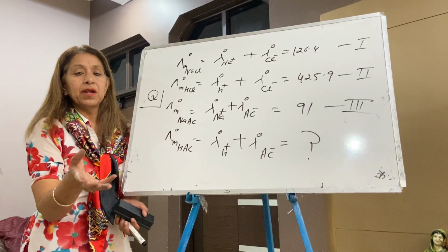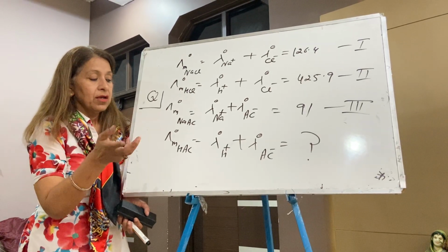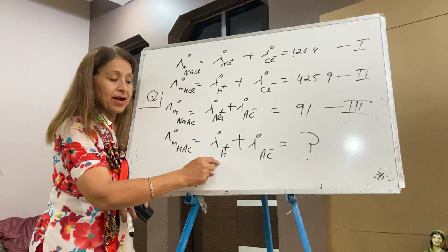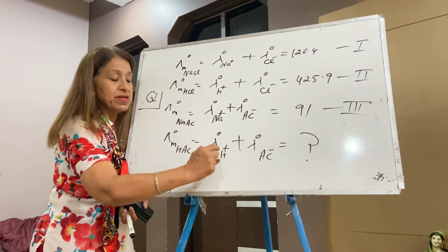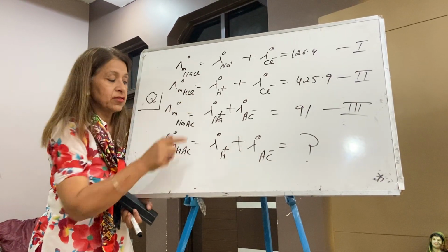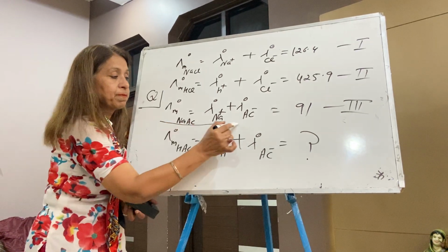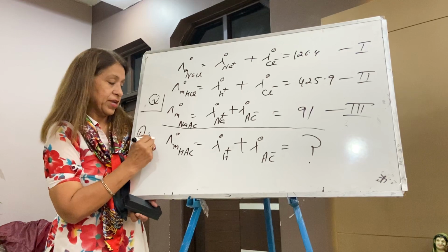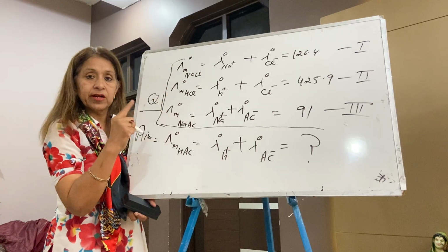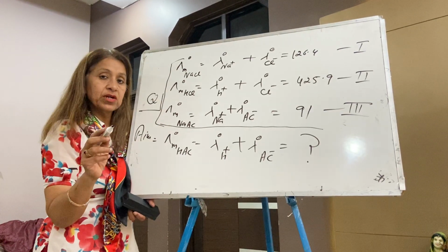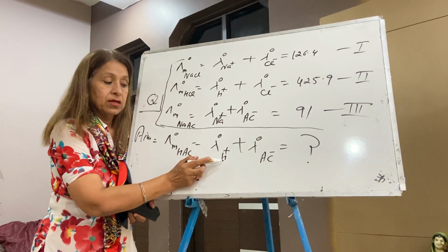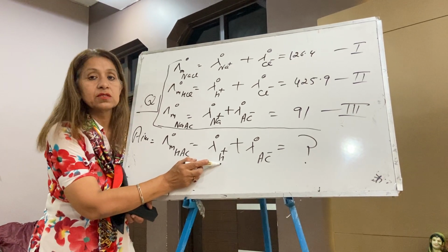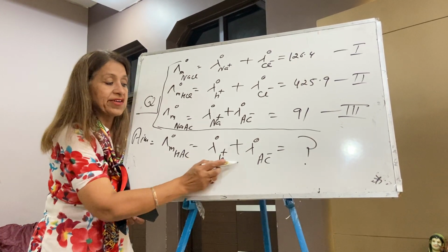Now, a very simple numerical. You can check, up to this is your given data, and this is the aim. Write down the aim, and this is your given data. Now students, you can check in which equations these two ions are present.